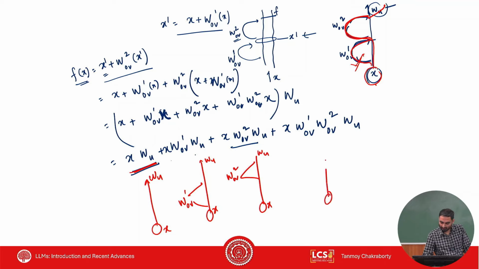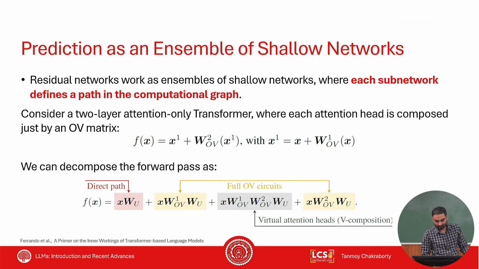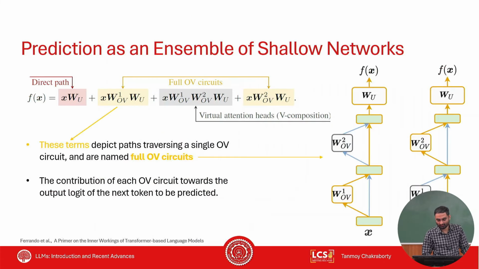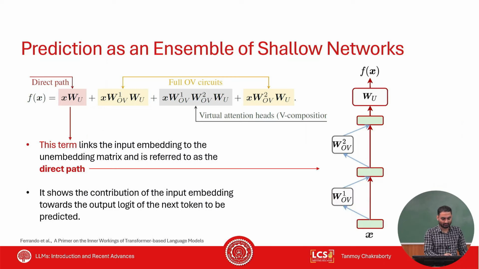For this, WOV1, WOV2, WU. So these components have different names. The first component is x times WU, and this is called the direct path. From x you have a direct path to the output through an embedding.